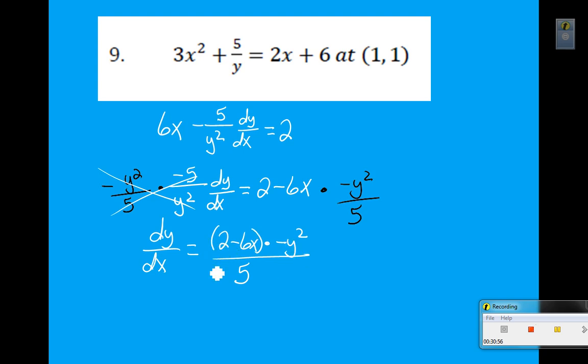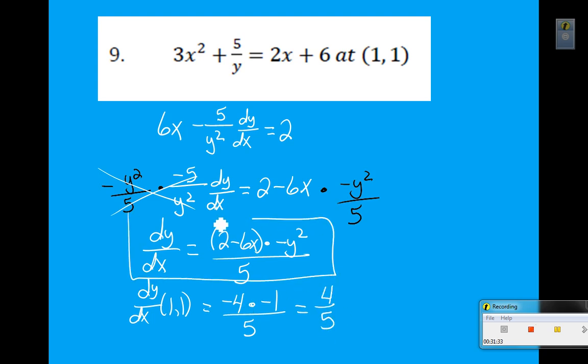It doesn't really matter because now we're going to run the point 1, 1 through that. And when I run the point 1, 1 through there, 2 minus 6 is going to become negative 4 times 1 squared is 1 times negative 1. So I got times negative 1 all over 5.